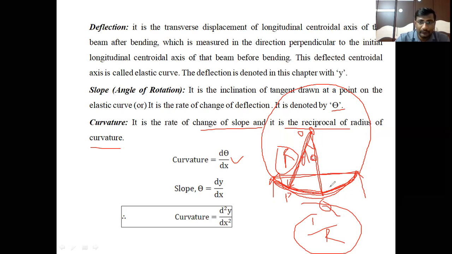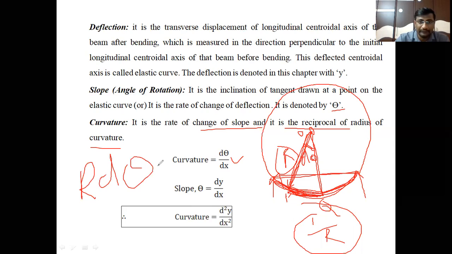The lines PO and QO subtend an angle of d theta at the center. This is the arc of curvature. Arc length can be written as r d theta, because r is the radius and d theta is the subtended angle.